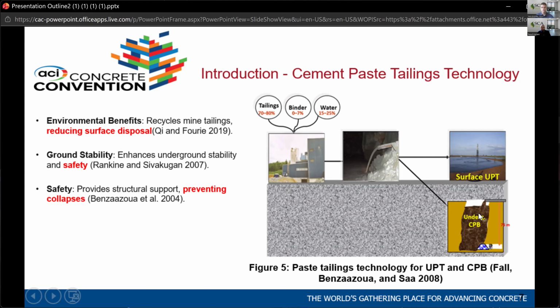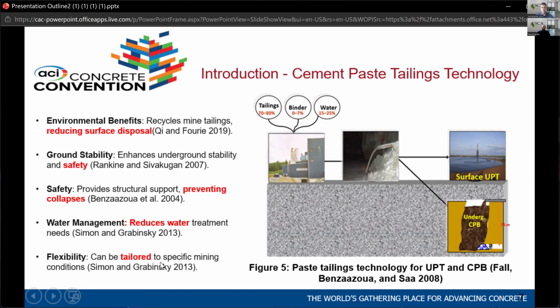If you can't see, it's 75 meters; it's a hypothetical number I use. It provides structural support, prevents collapse, and reduces the water-to-binder ratio, rather than storing tailings on the surface.